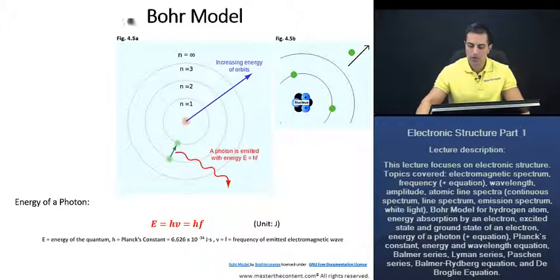Okay, now that we know that each one of these orbits has a specific amount of energy associated with it, and furthermore, that electrons can either absorb or release energy to transition from one energy orbit to the next, let's get back to talking about why we have a unique emission spectra for our elements.